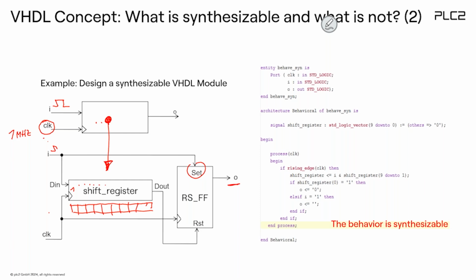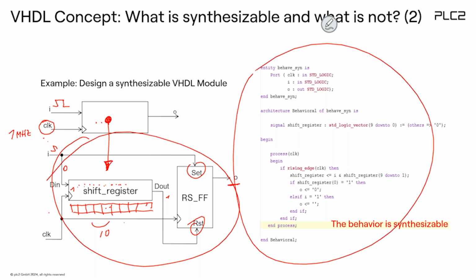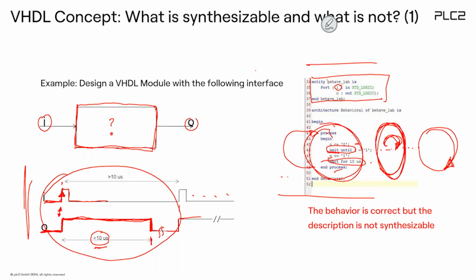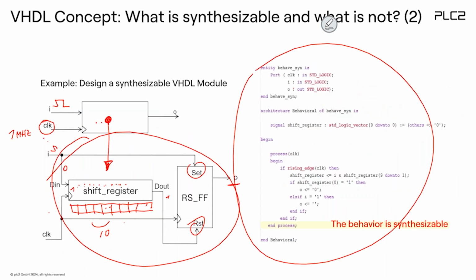With every clock, the one is moved. If you have here 10 flip-flops, then after 10 cycles the one appears here, and you just clear the flip-flop. Then you will have exactly the solution. Now you can actually run this design, which is implemented here, in simulation, and compare it against this design in simulation, and it will be the same.